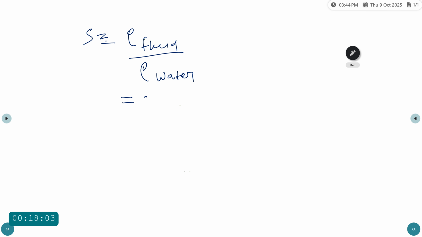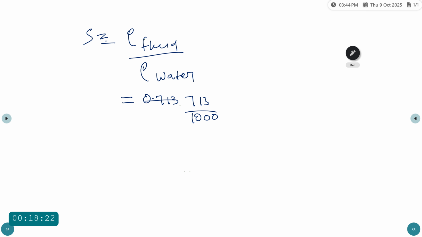The density of the fluid we already determined. What is the value? 713 divided by density of water, 1000.